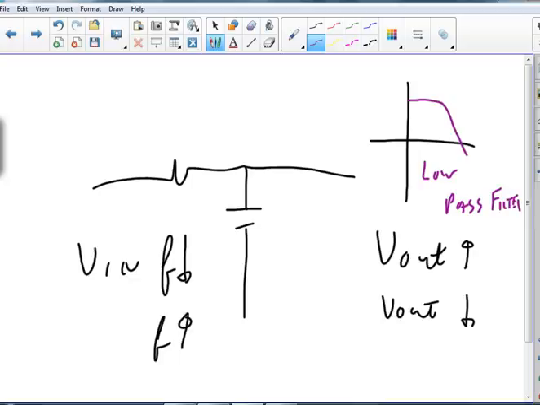And if we had 10 volts on the input, how many volts would we expect on the output? Some number less than 10, because I have a resistor in the way, right? So my voltage out is always going to be less than my voltage in on a low pass filter.